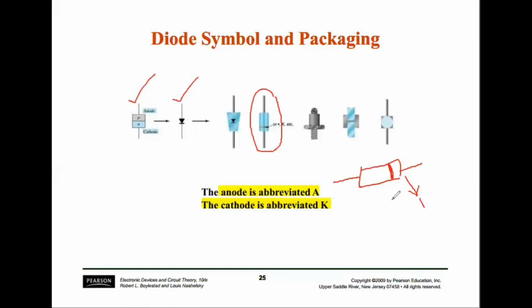This is for a cathode like this. So this diode is this one. The band will be representing this area. So this is the diode. These are the diode symbols used in real life.